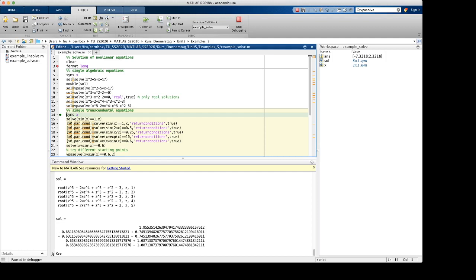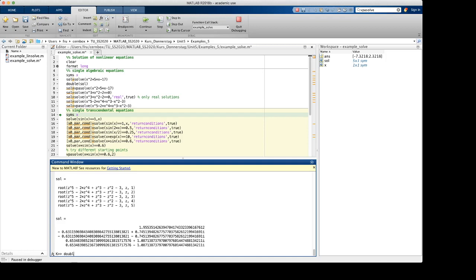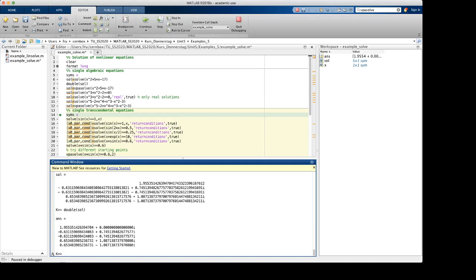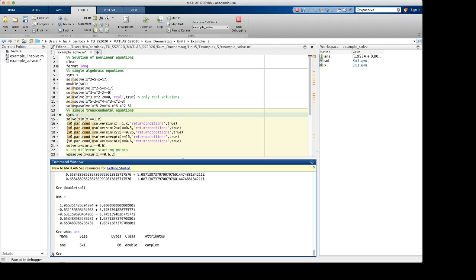This can then be converted to numerical values by the function double. Okay, so these are now the numerical solutions, and they are of type double with the attribute complex.